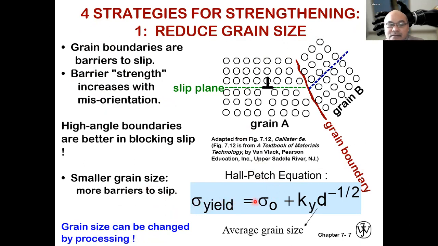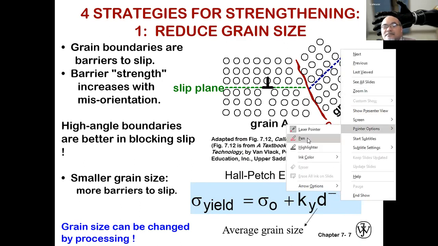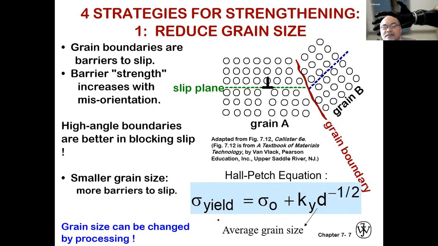The yield strength sigma y equals sigma 0 plus Ky, a constant, the yield constant, times D to the power minus half, that is, sigma y equals sigma 0 plus Ky divided by the square root of D, right?